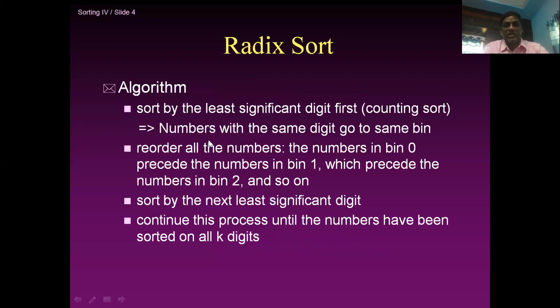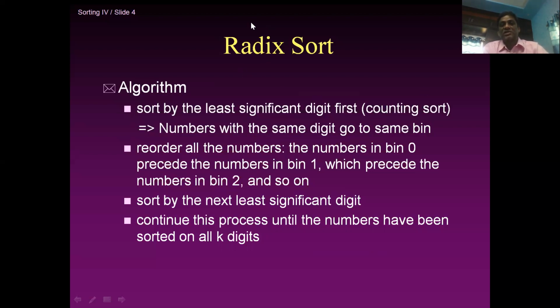The algorithm says: sort by the least significant digit first. So we need to consider the least significant digit first, and then apply counting sort on it. That means consider all the least significant digits of the numbers in the list, and put them into the respective buckets based on counting sort. How many buckets are required?